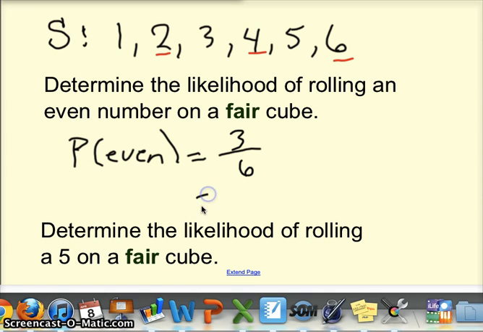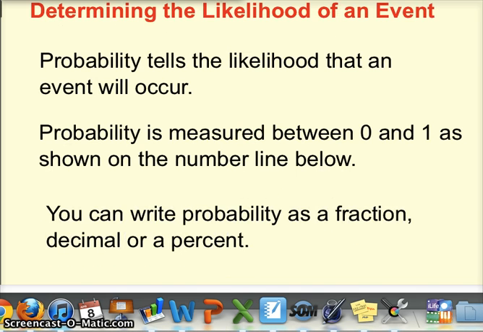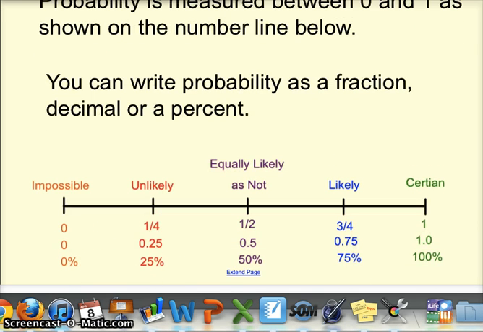And again, I can write that as a fraction, decimal, or percent, so I could also call that 0.5 or 50%. So if we refer back to our chart, if something has a 50% chance of happening, then that means that this is equally likely as not.